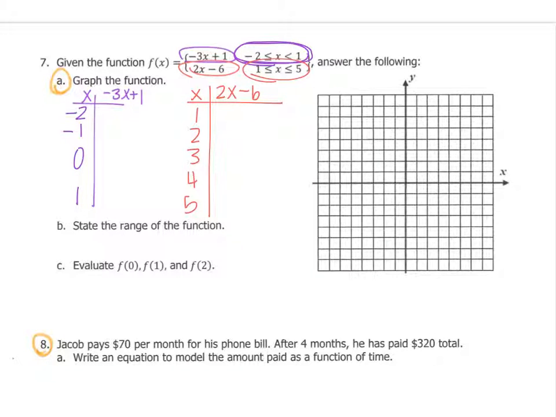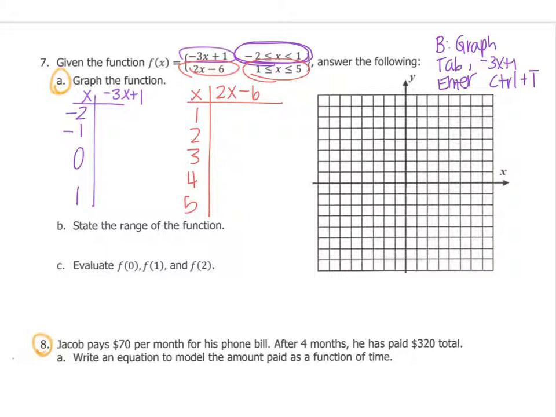So now we have to plug these into our calculator. You can go to graph from the main menu. Then hit delete, delete, delete if there's anything in there. Hit tab and type in your function, negative 3x plus 1. Hit enter, and then Control T will give you the table.